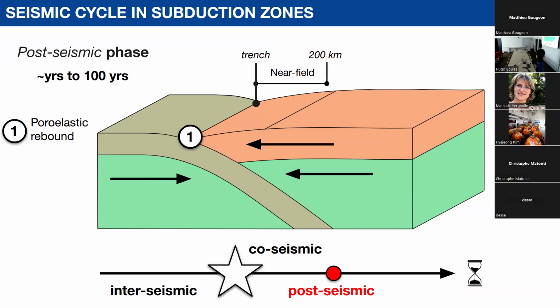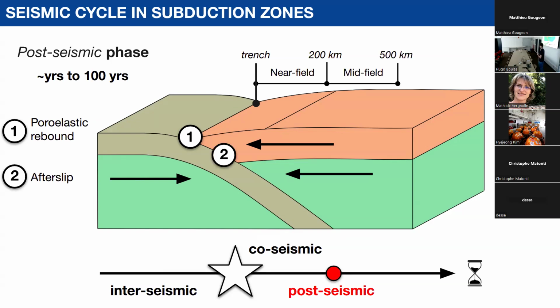And then you have the post-seismic phase, which can last from years to 100 years. There are three main physical processes playing a role in the post-seismic phase. The first is the poro-elastic rebound, which has an impact in the very near field close to the trench, and is a rebalancing of pore pressure.